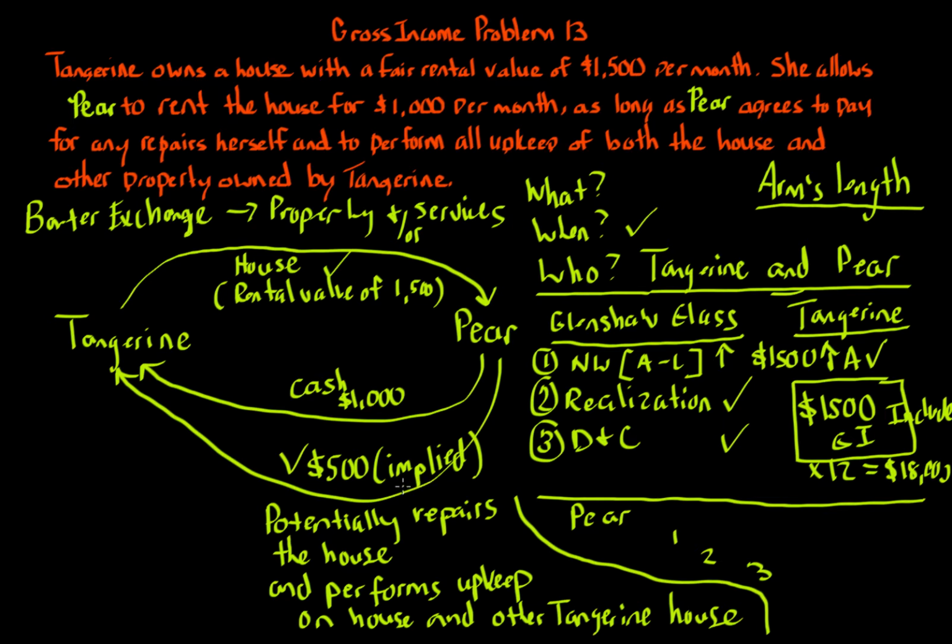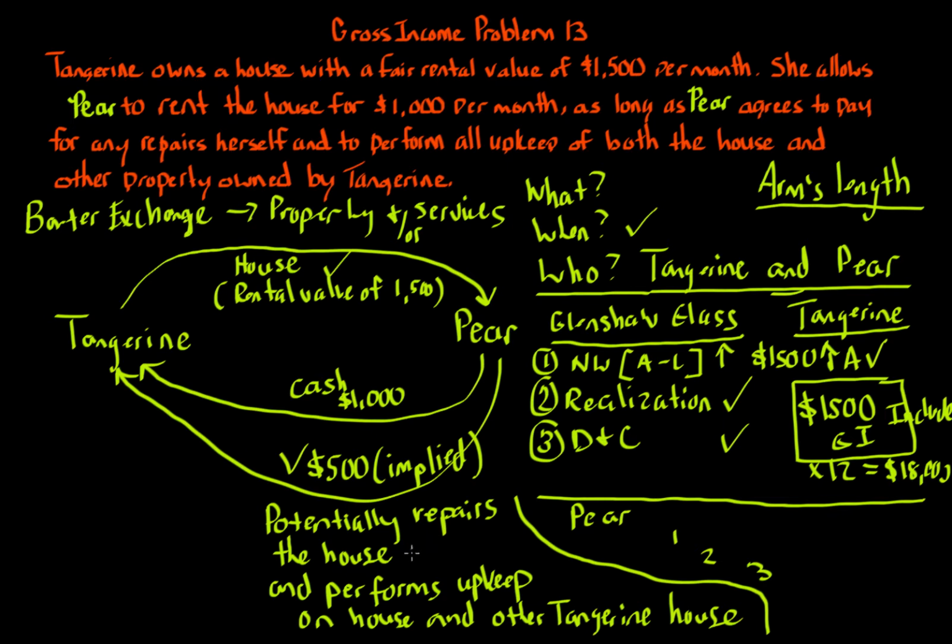The idea here again is that when we apply the barter exchange rule, it's as if Tangerine paid cash for the services. So assume there is no house. If Pear performed services, let's say on other houses that Tangerine owned, and this was not being rented out to Pear, and Tangerine paid in cash, Pear would have to record that $500 in cash. And then assume that we take that implicit $500 in cash and Pear turns around and uses it towards the house.